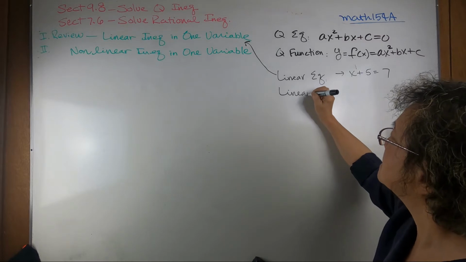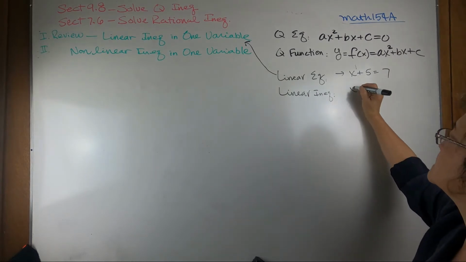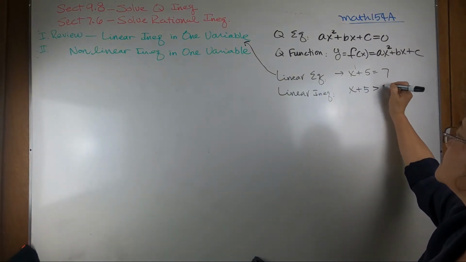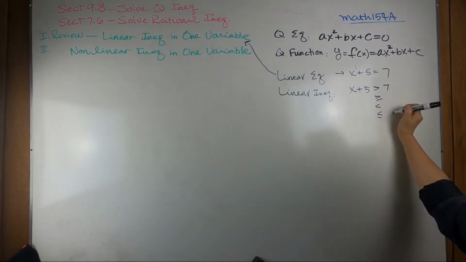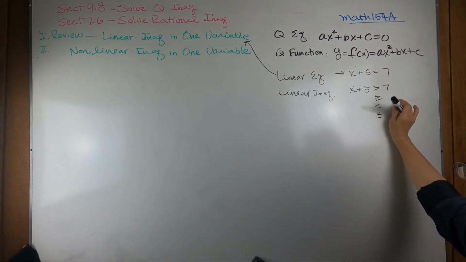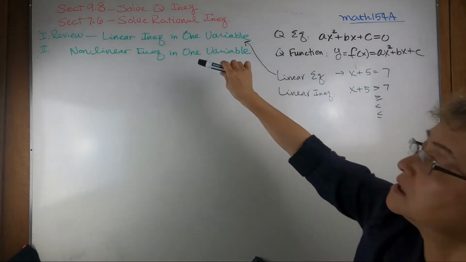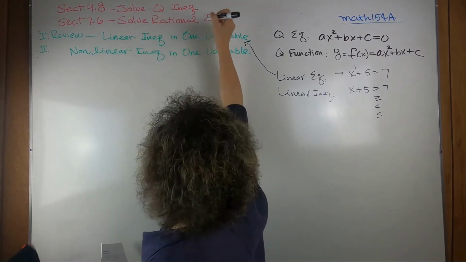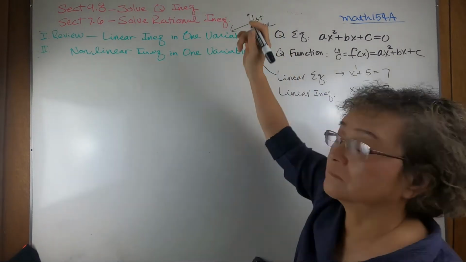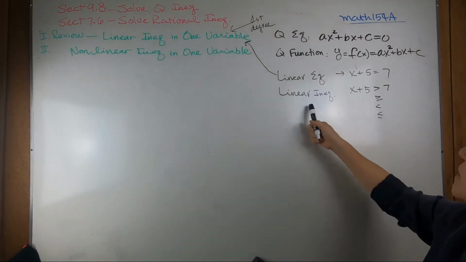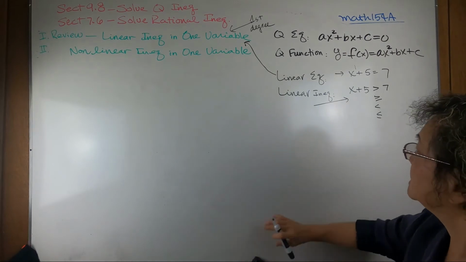So then linear inequalities would be things like this: x plus 5 bigger than 7, or bigger than or equal to, less than, less than or equal to, right? Then we have to find our x. So linear means first degree, right? In one variable.